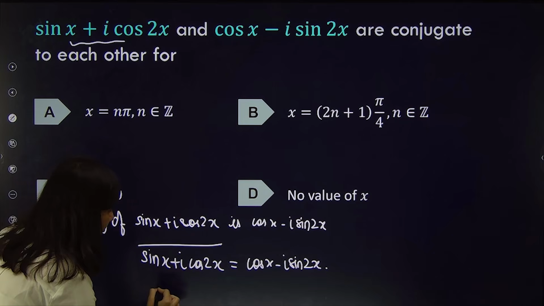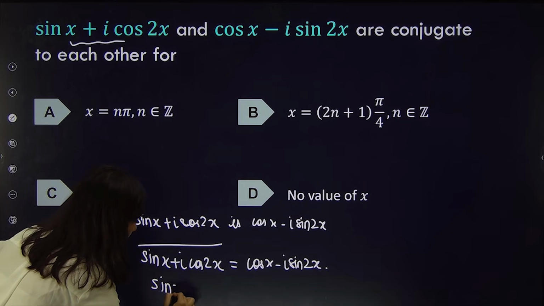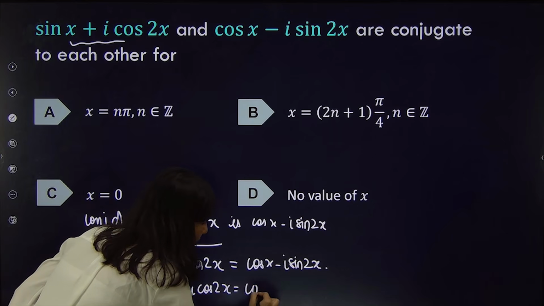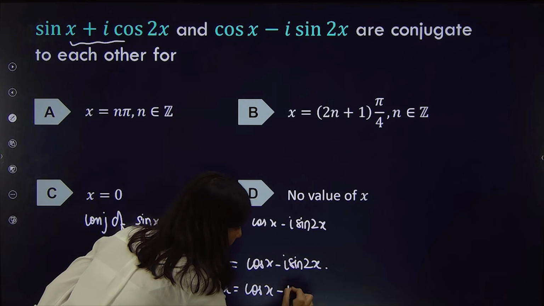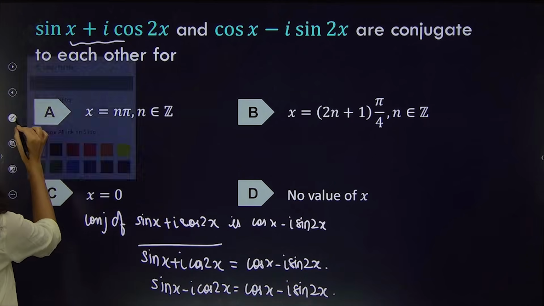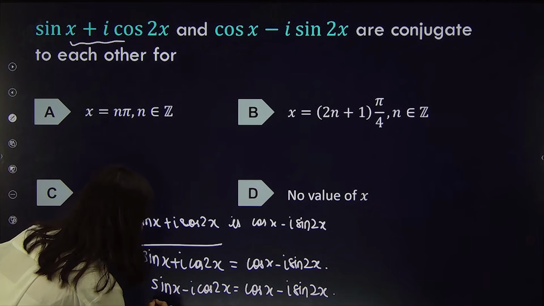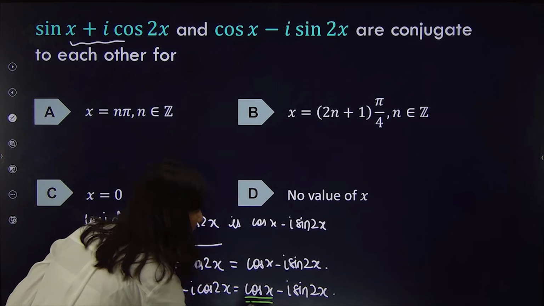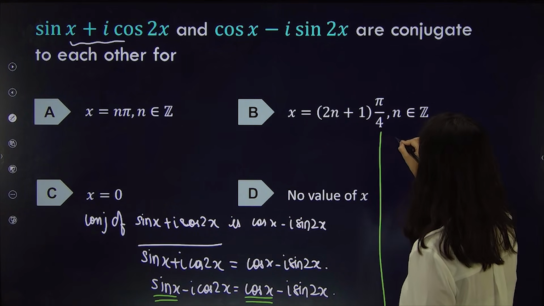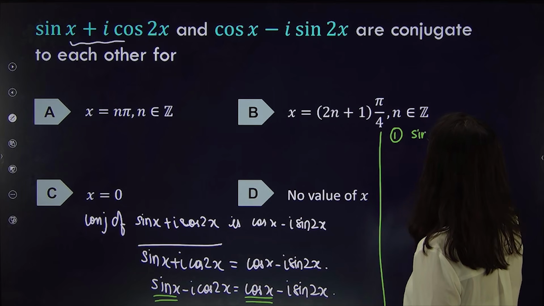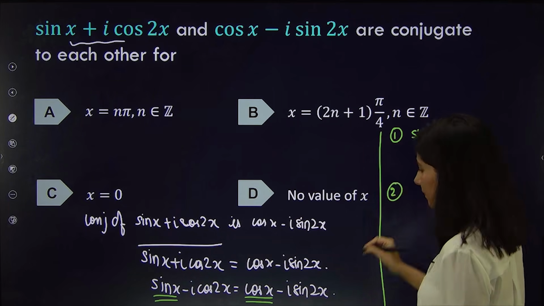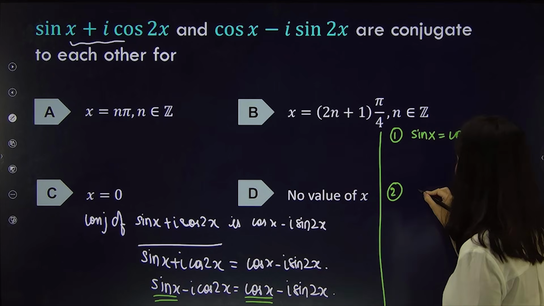This is going to become sin x − i cos 2x equals cos x − i sin 2x. Now what you can do is equate these two complex numbers. That means if these two are equal, first thing, sin x should be equal to cos x. Second thing, cos 2x is equal to sin 2x.